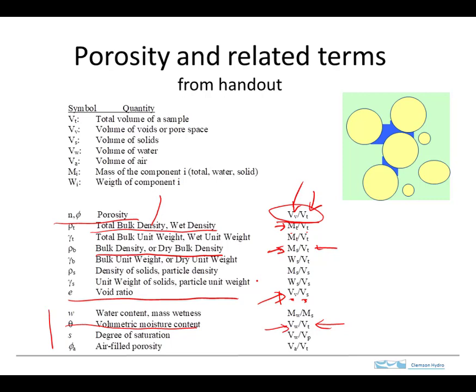But where it's unsaturated, then the volumetric moisture content may be less than the porosity. The degree of saturation is another ratio where you take the volume of water in the soil to the volume of pores. And the air-filled porosity, the volume of the air in the pores to the total volume.